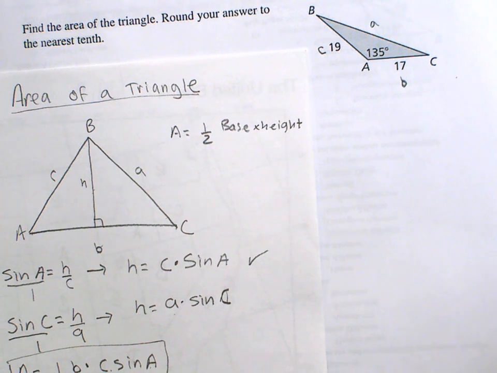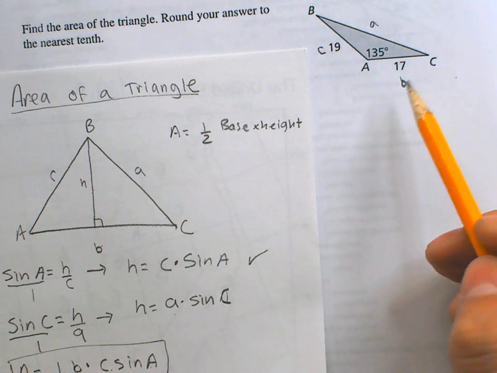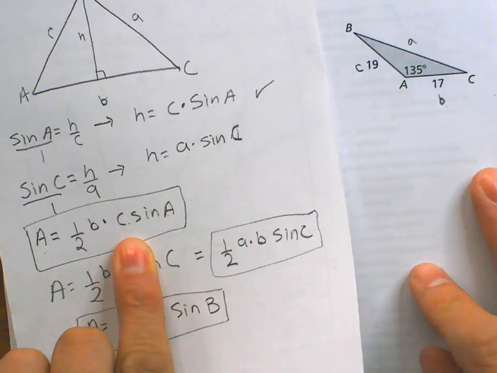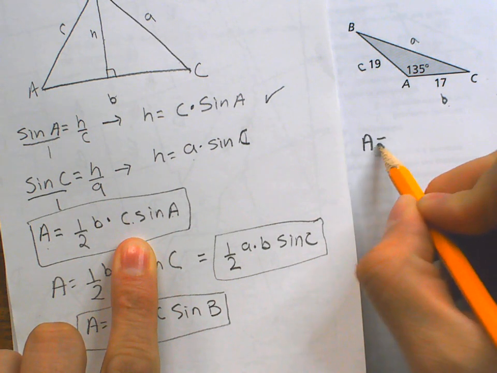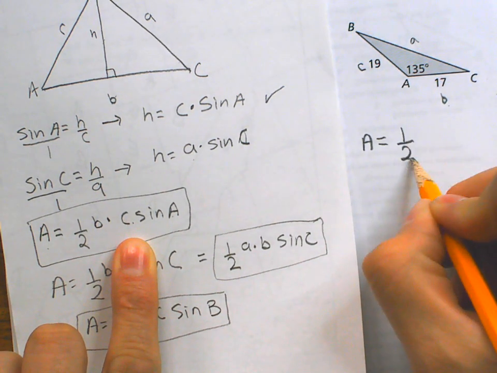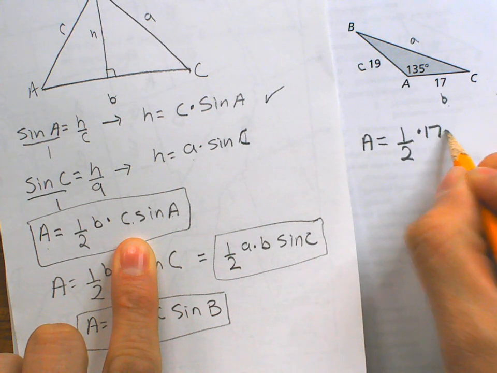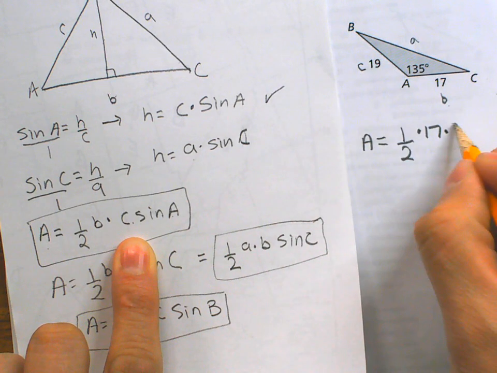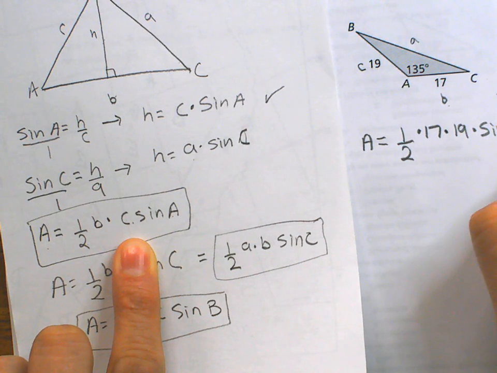Which one am I going to be using? Well, I need the one that has b and c, so it's going to be this one here. I don't know if you can see it. The area is going to be 1/2 little b, which happens to be 17, little c, which happens to be 19, and the sine of angle A, which is 135.